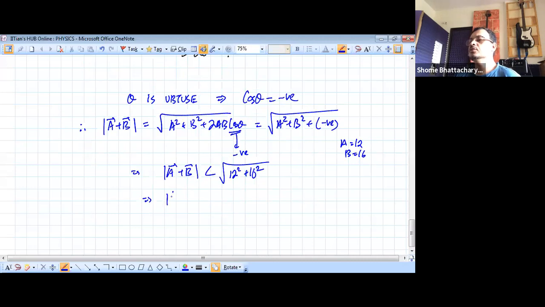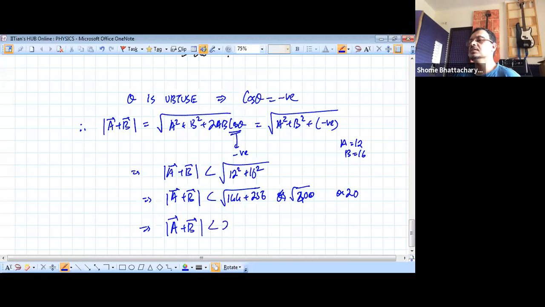So magnitude of a plus b is less than root of 144 plus 256 or 400 or 20. So mod a plus b is less than 20. That becomes the correct answer.